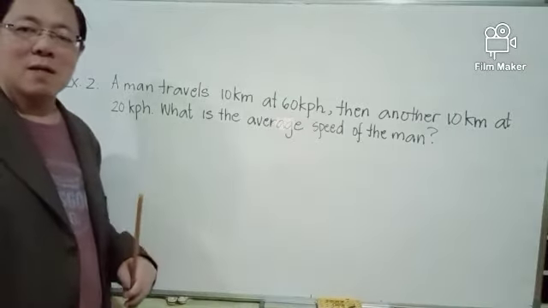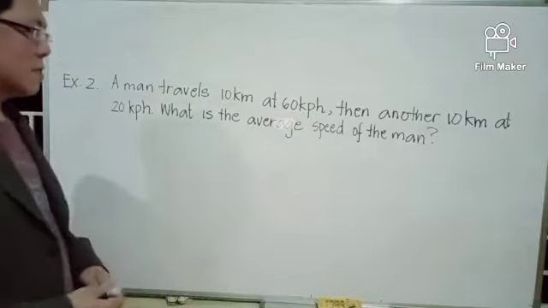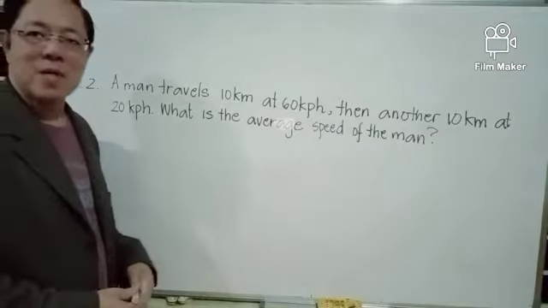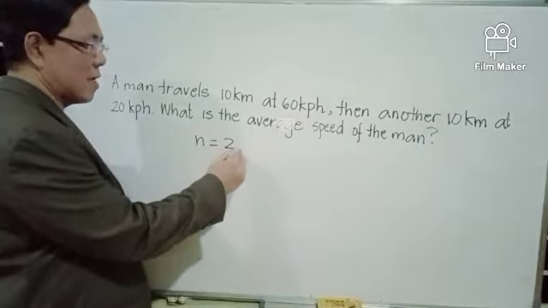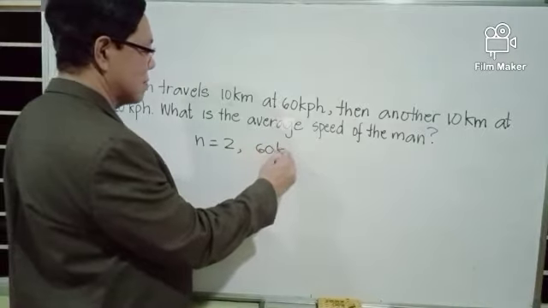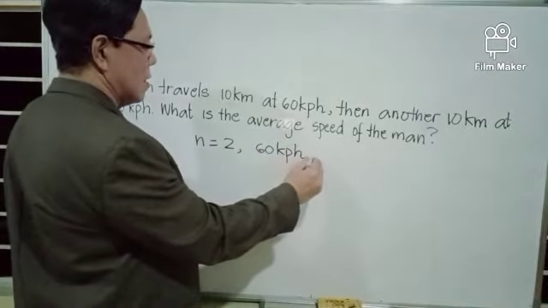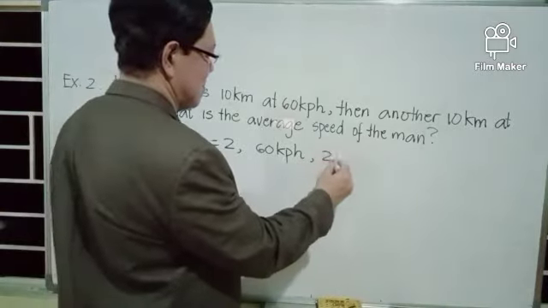We will take the harmonic mean of these two. Since we have two speeds given, we take n equals 2. And we take the harmonic mean of 60 kilometers per hour and 20 kilometers per hour.